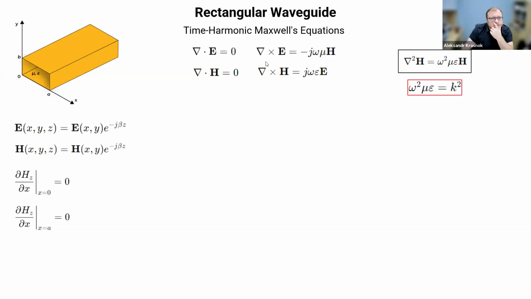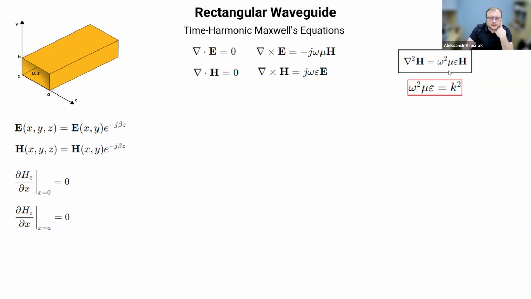So taking the curl of the second one and then substituting the divergence for the electric field into the result. This is something that we already did for the electromagnetic waves. This is the result, right? The Helmholtz equation for magnetic field, and exactly the same equation for electric field.